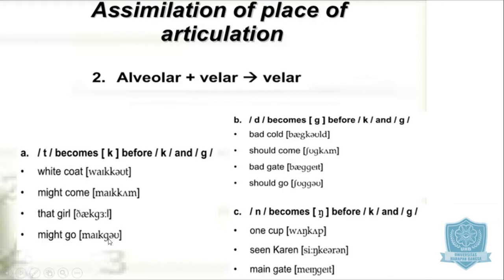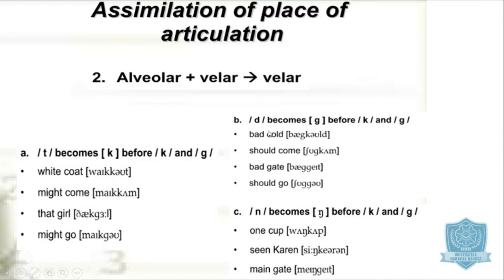So there is an omission here. And then for D, like bed cold becomes bag gold, because D here changes into G. The word that originally ends with D is read as bad. When undergoing assimilation, the D disappears and is replaced with G, so it becomes bag gold, bag gold.